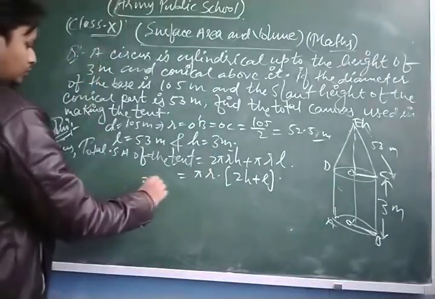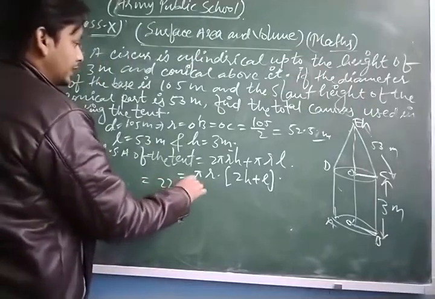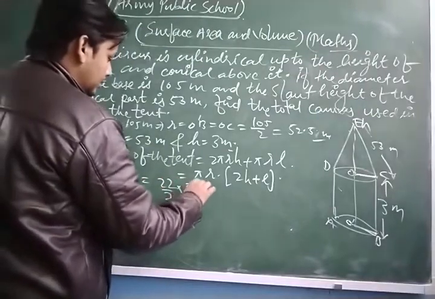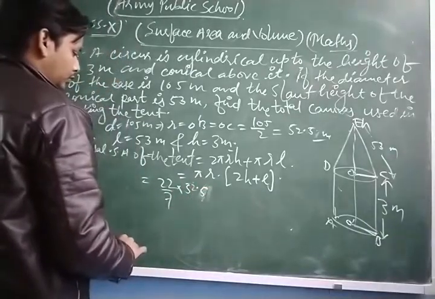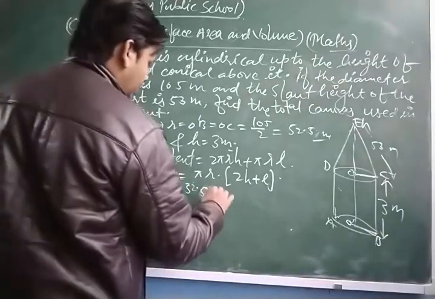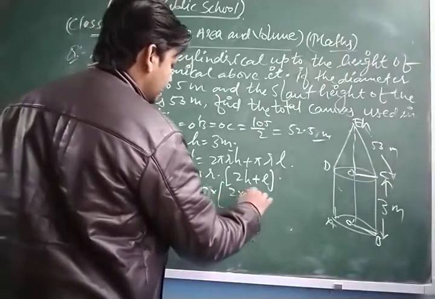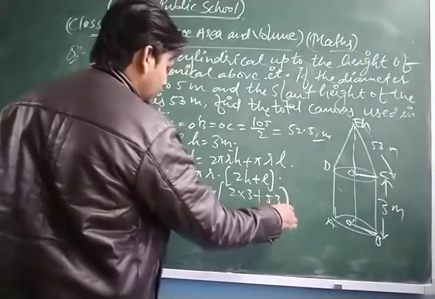Now look, this is 22 upon 7 into the radius 52.5, into 2 into h, which is 3, plus 53.